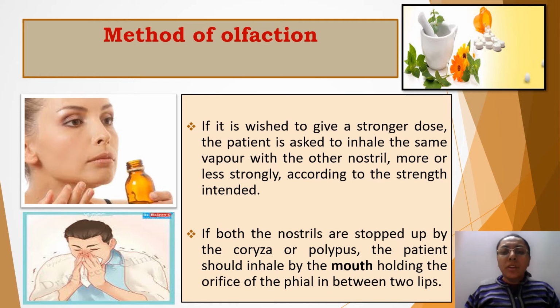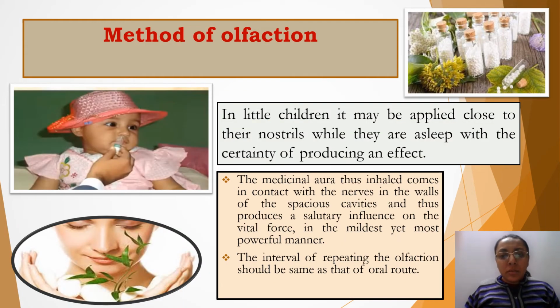Now if both the nostrils are stopped in cases of coryza or polypus, then the patient should inhale by the mouth, holding the orifice of the phial in between two lips. In cases of children, this phial can be applied close to their nostrils while they are asleep with the certainty of producing an effect.